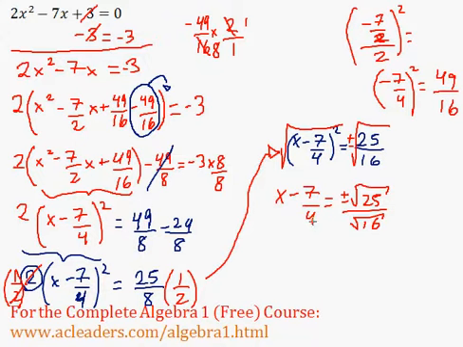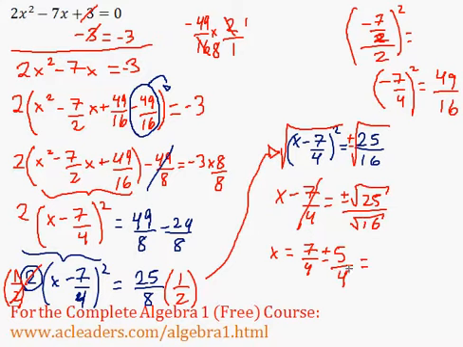And I will add the 7 over 4 to both sides of the equation, so this guy goes to the right side. So x is equal to 7 over 4 plus or minus root 25, which is just 5. Root 16 is just 4. Wow, we're almost done.